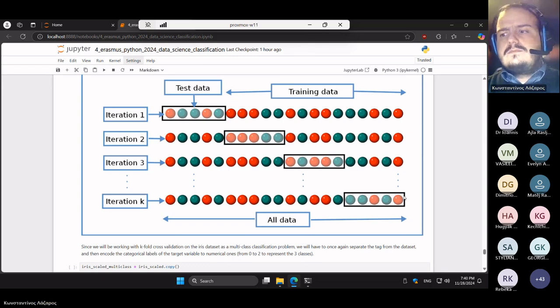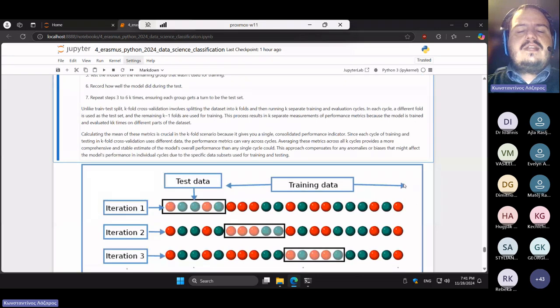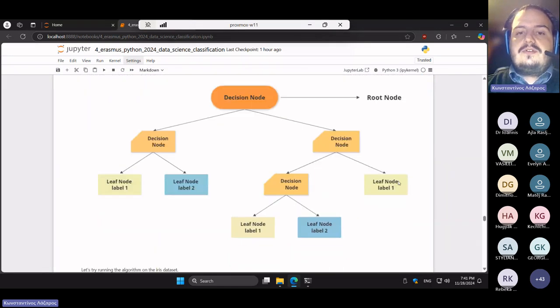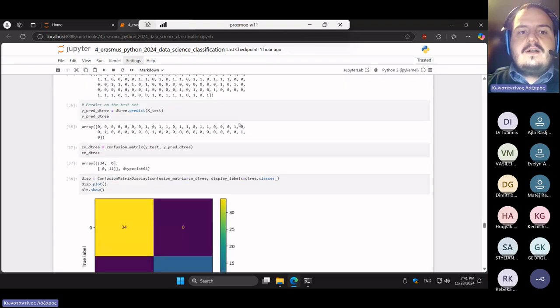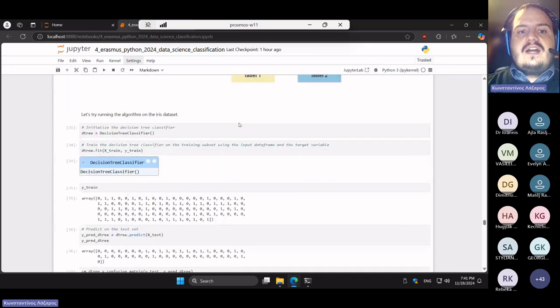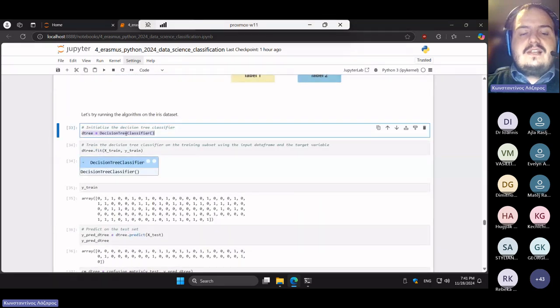So what do we mean by a model instance? Take a support vector machine or random forest, or decision tree, sorry. The decision tree would be the blueprint that we have. When I initialize it right there, when I create the classifier, this is an instance of our model.